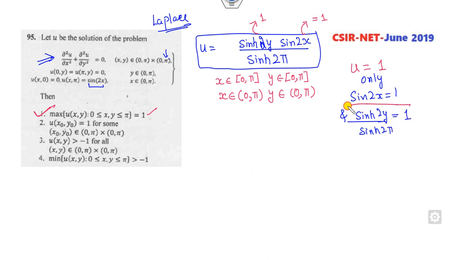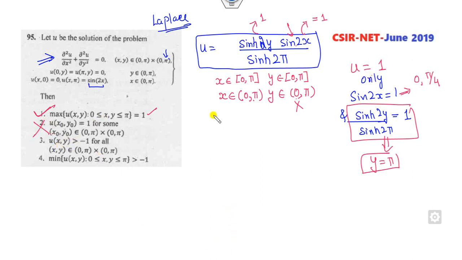But from here you easily see it will be 1 only when y is equal to pi, but pi does not belong to this because it's an open interval. Similarly, this value will be 1 only when x is pi by 4. Fine, you can see pi by 4 lies here, but this number is not 1, so what is the meaning of that? Product can never be 1, so this option is cancelled.